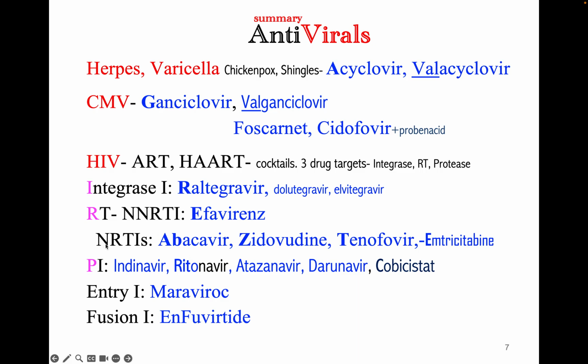One more time. We can use two types of drugs to block the reverse transcriptase. One, you can directly inhibit reverse transcriptase by binding on it. Another group of drugs uses a fake nucleotide. That means instead of nucleotide you have drugs. Therefore, reverse transcriptase cannot function.